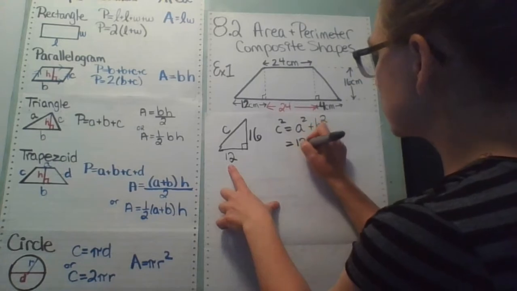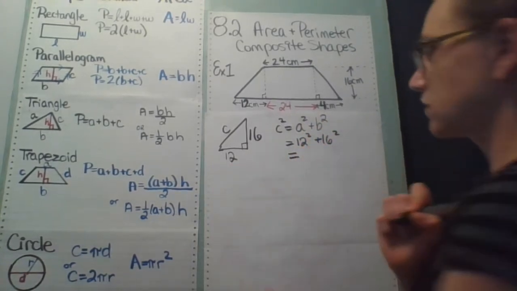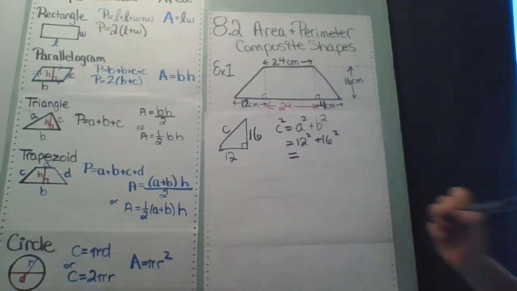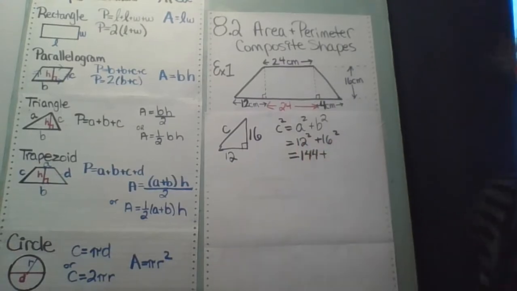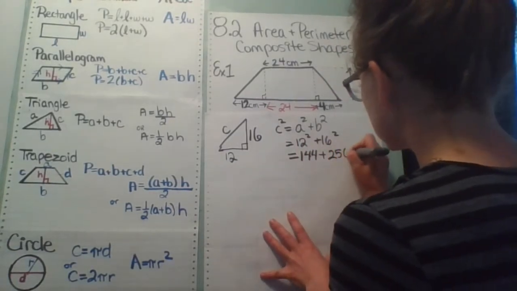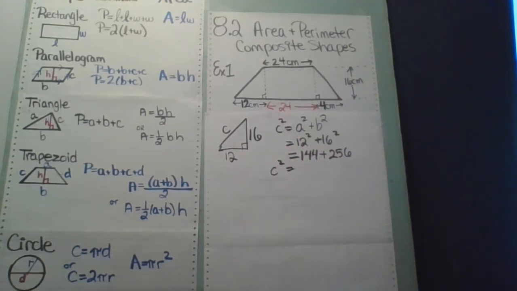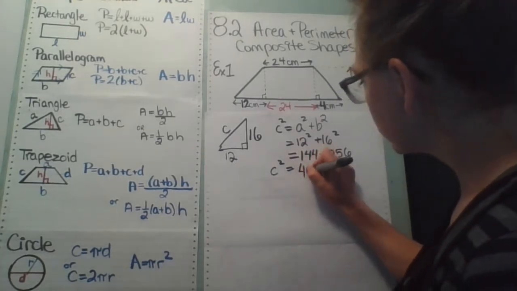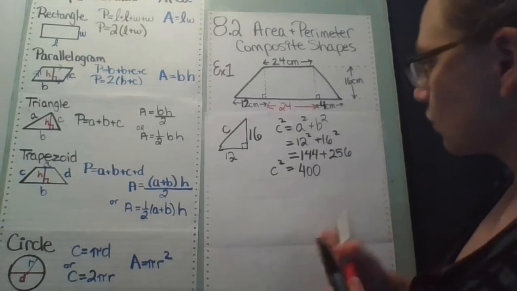It doesn't matter which one's a and which one's b, it's just small side squared plus small side squared. So what does that equal? 144 is 12 squared. 16 squared is 256. So that means c squared is, add those all up, 400. And remember, to undo a square, you have to square root.